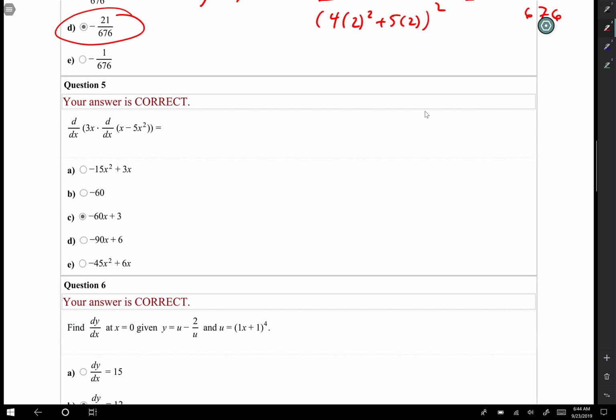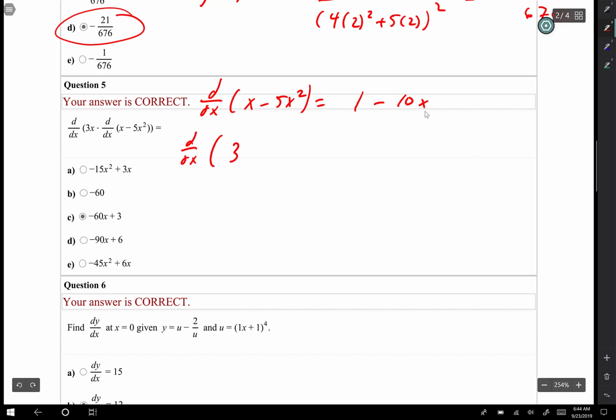On this one, the way this works, you work your way from the inside out. So first, do this one right there. d dx of x minus 5x squared equals 1 minus 10x. Now it says d dx of 3x times 1 minus 10x.